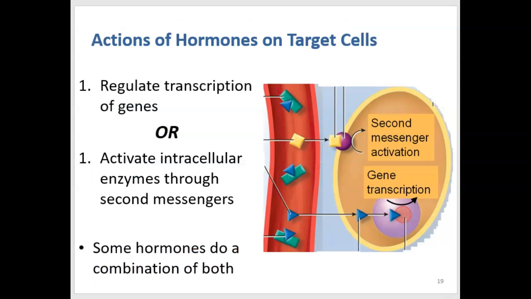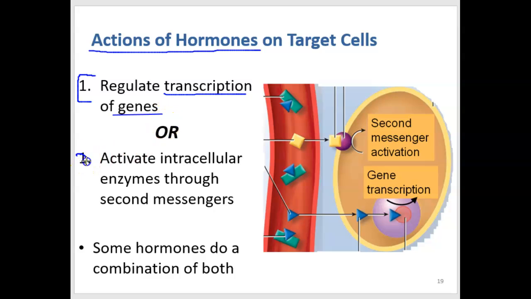Now, the actions will also differ between amino acid-based and steroid hormones. There's two general categories of actions that all hormones have on target cells. They're big categories. One is that they could regulate the transcription of genes, kind of what you would say turn on or turn off genes.